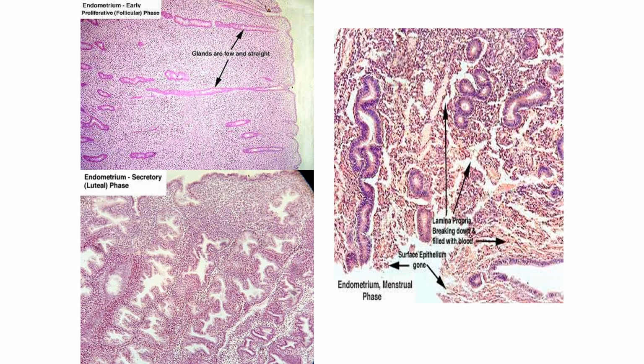Then in the late phase, under the influence of progesterone, there is tortuosity of the glands, and their lumen increases and is filled with secretion. The stromal portion is highly cellular, and there are also edematous changes. This is the puffy portion of the stroma.